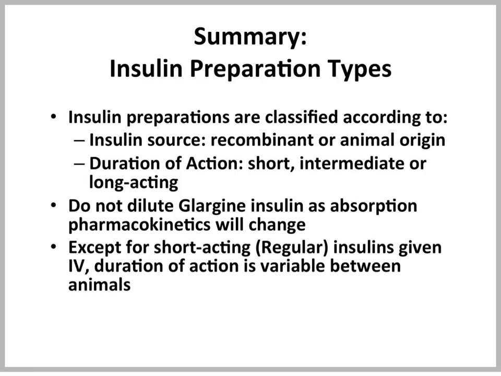We said that if you use glargine, and this insulin is used frequently in diabetic cats, you should never dilute it because you will change its pharmacokinetics and pharmacodynamics. And except for short-acting insulins that are given intravenously, the duration of action is variable between animals.